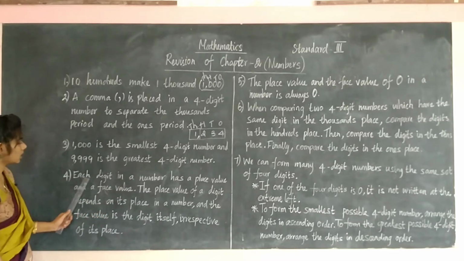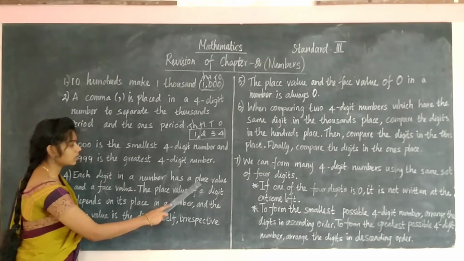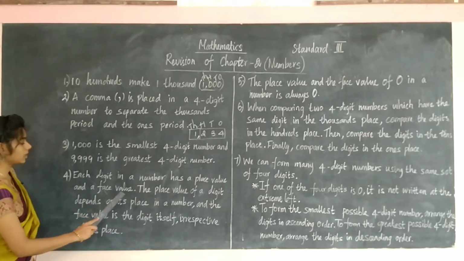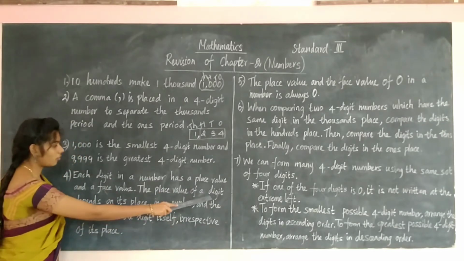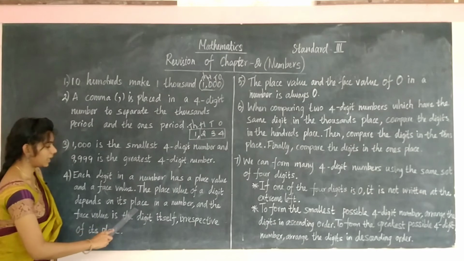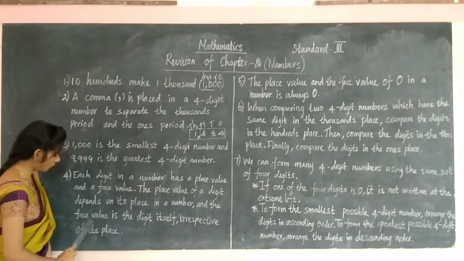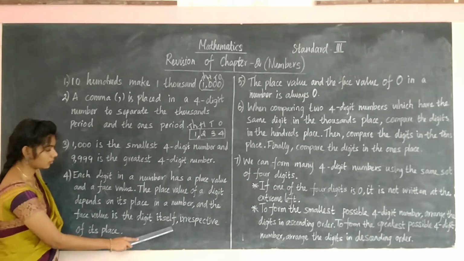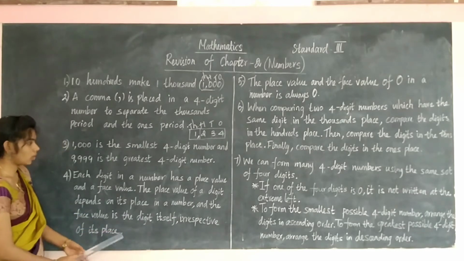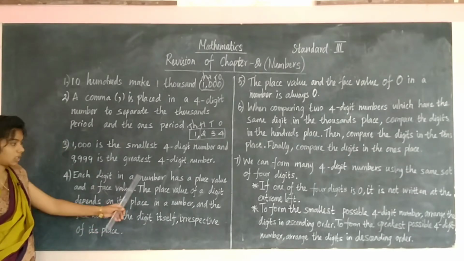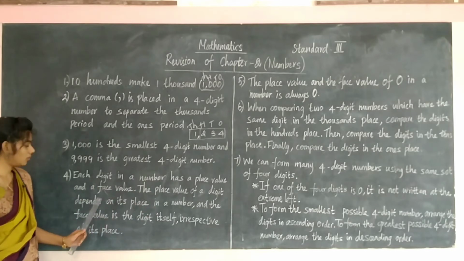Then the next one is each digit in a number has a place value and a face value. The place value of a digit depends on its place in a number, and the face value is the digit itself, irrespective of its place. What is given here? Each digit in a number has a place value and a face value.